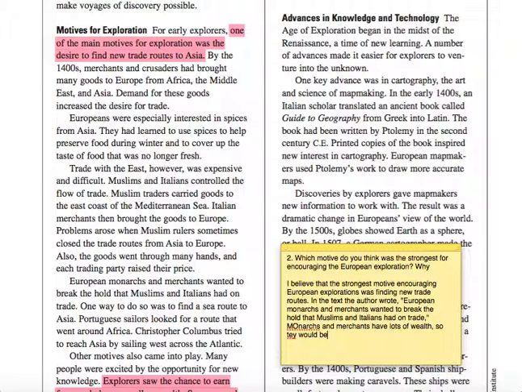So they would be able to fund the exploration and trade, plus trade is how people got what they needed back then to survive.